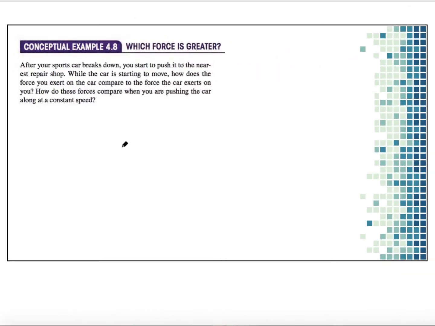Let's say your car breaks down. So here's my car. It's just a potato with wheels. And I want to get this car to move by pushing it. So I'm going to push on this car. What's happening here is that there's a force on the car from me. I'll say it's the force from me.